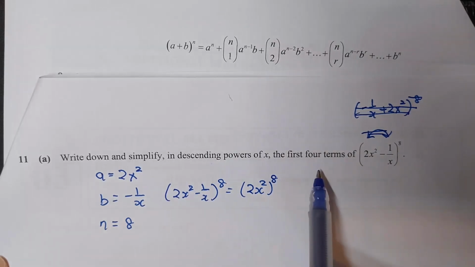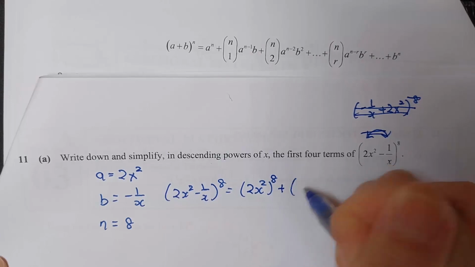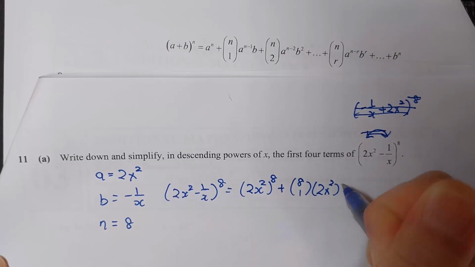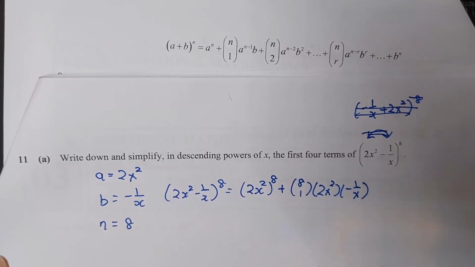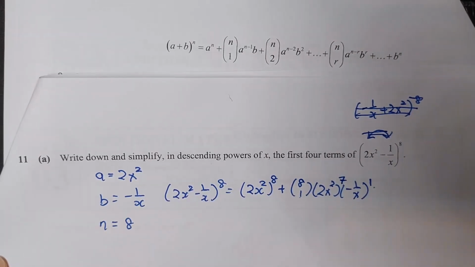And we only need to do for the first 4 terms plus 8, choose 1. Write down A, write down B. The power is the same. And these two numbers add up to 8. So this must be a 7.